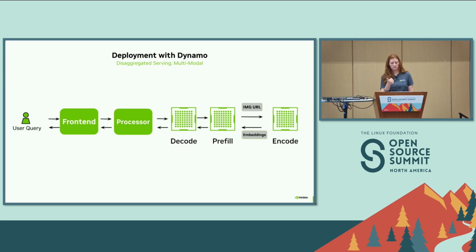Then it's sent to the decode worker. Why does it send to the decode worker? Well, multimodal LLM examples are currently built on top of vLLM. And in vLLM, the decode worker decides whether it wants a separate prefill or not.